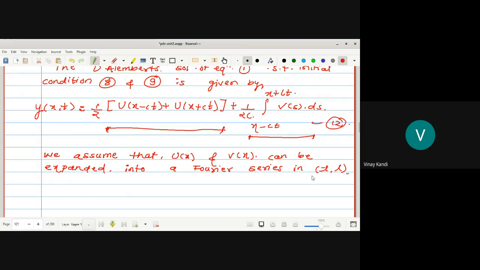ओके, एखादं फंक्शन जर पिरियडिक असेल तर आपण फुरियर सिरीज मध्ये त्याला एक्सपांड करू शकतो, म्हणजे एक्सप्रेस करू शकतो. Since u of x and v of x, हा u फंक्शन आणि हा v फंक्शन आपल्याला फुरियर सिरीज मध्ये एक्सप्रेस करायचं. U of x and v of x are odd functions.